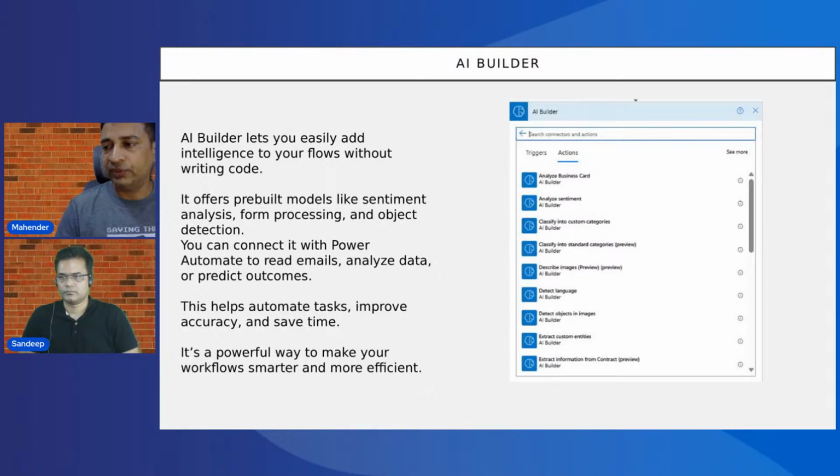Those kinds of things we can do using AI Builder. If you can see here on AI Builder, we have different actions available, so we can use these different actions. For example, we can do that analysis there. We can detect what the language of that email is. Those different actions are what we are going to use today.